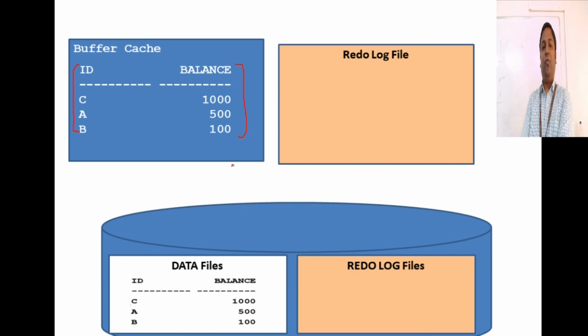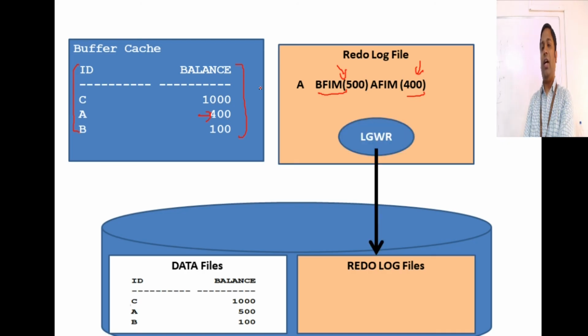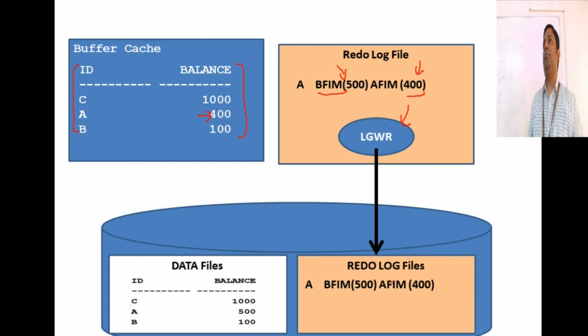So we'll see how an immediate update works. What is step one? I have to subtract 100 rupees from account A. That is my transaction. Before that, I will log the before image, 500 rupees, and the after image, 400 rupees. And then I'll go and change it. You see here, now it changes to 400. After changing it, this being immediate update, I will immediately run the log writer process and move it to my redo log file, because I immediately flush the updates.